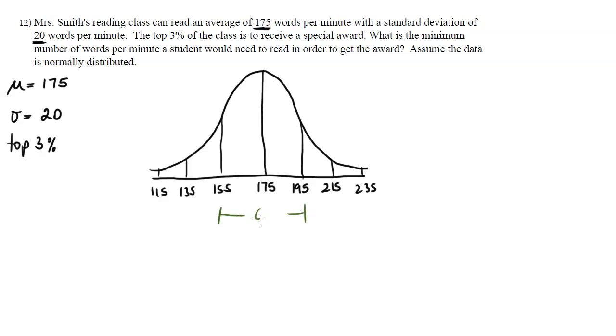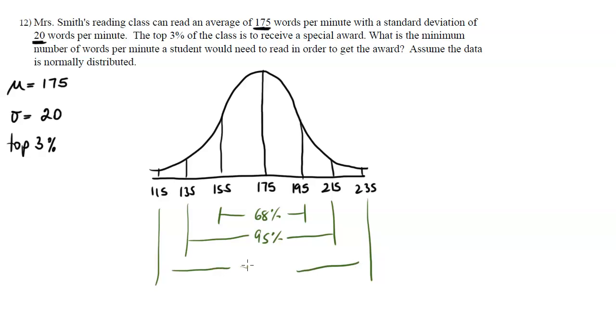And this interval here is about 68% of my values. 2 standard deviations away, about 95% of my values. 3 standard deviations away, about 99.7% of my values. Under this entire normal distribution curve, 100% of my values are there. So this 3%, this diagram doesn't help us for that, right?